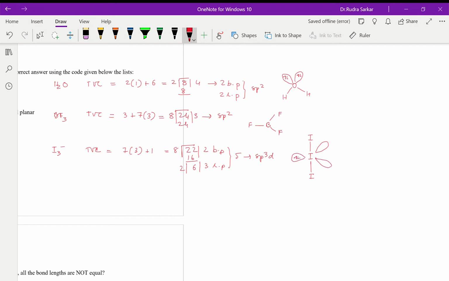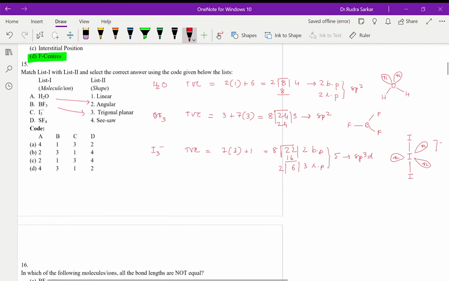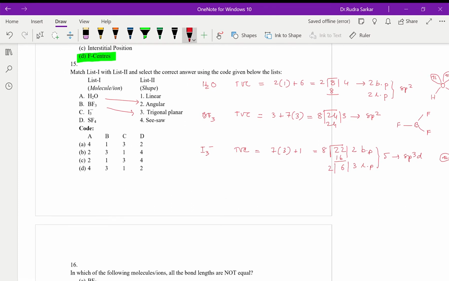So the lone pairs will be placed in the equatorial plane and the iodines have to be placed in the axial positions. So ignoring the lone pairs, the structure of I3 minus is going to be linear. And SF4 is obviously seesaw. So having considered all that, our correct option over here is going to be option 2.